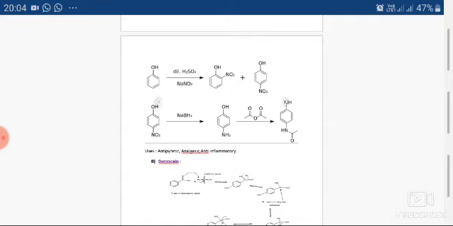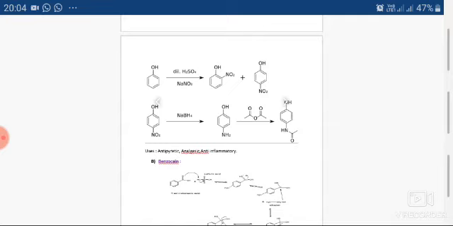It is better to use iron and HCl, or tin and HCl, because iron and tin HCl do not reduce other groups, so that the paranitrophenol undergoes reduction with a suitable reducing agent to form para-aminophenol.